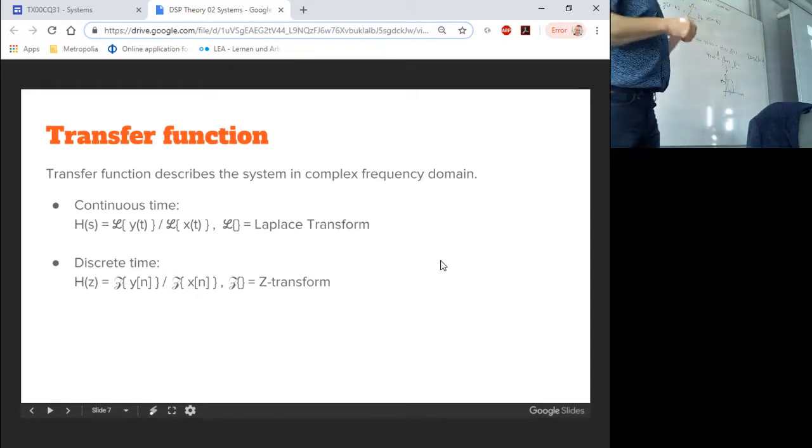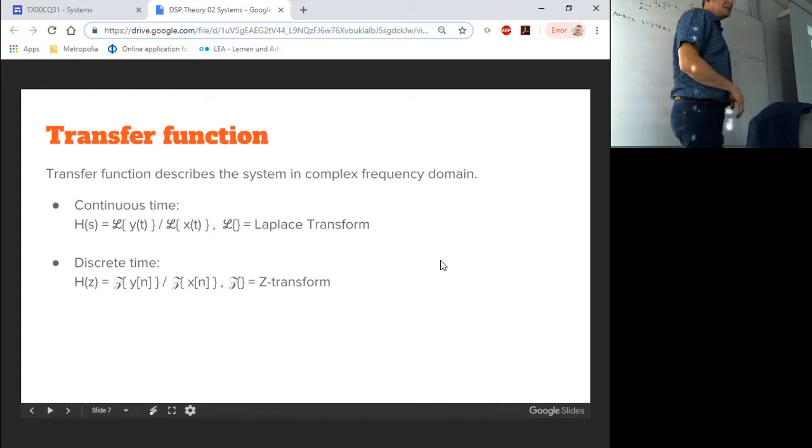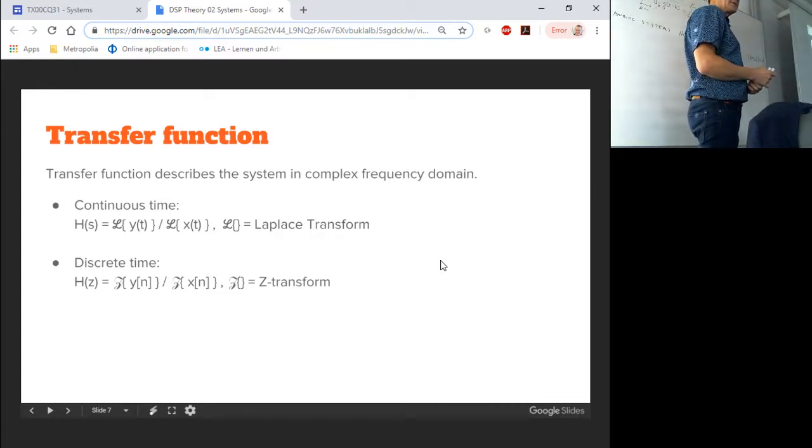And that's basically the only way you can analyze how a system functions for your test signal, for example a square wave.